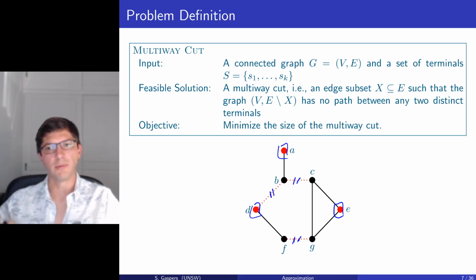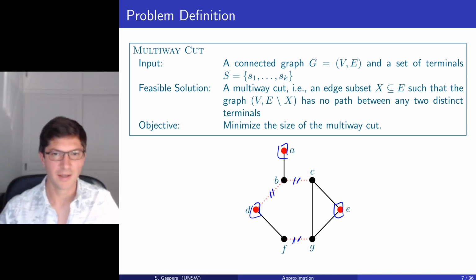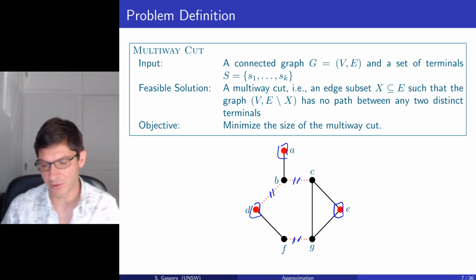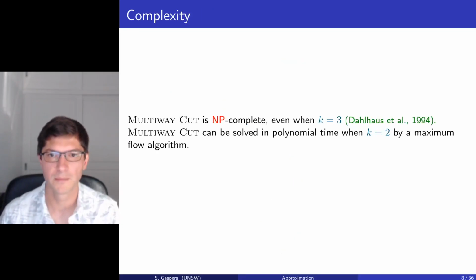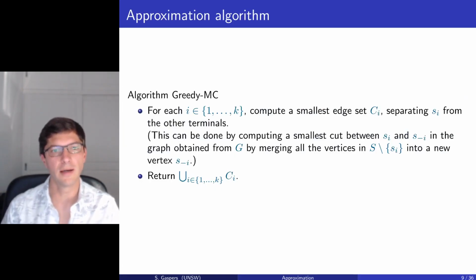And so when we look at these two components, ideally we would have shared as many edges as possible when cutting these two components from the other terminals. So what could go wrong in this greedy algorithm is that it doesn't really take into account that some of these partial cuts can be shared between the various components.